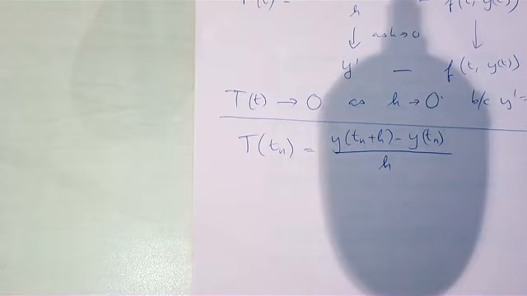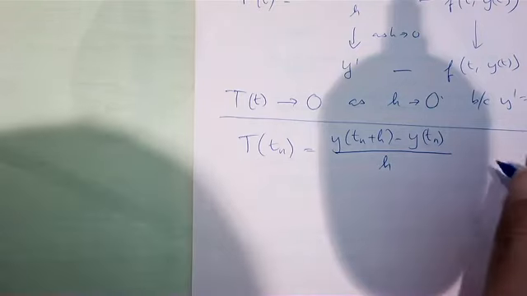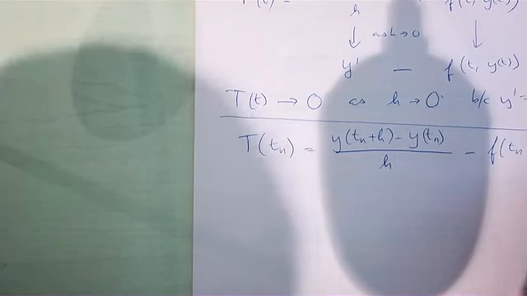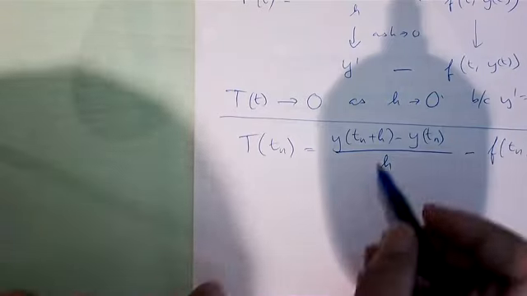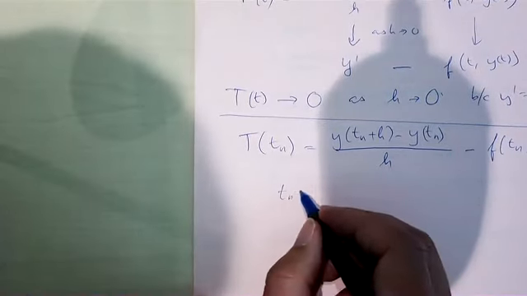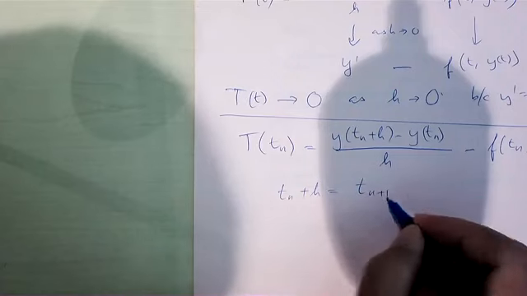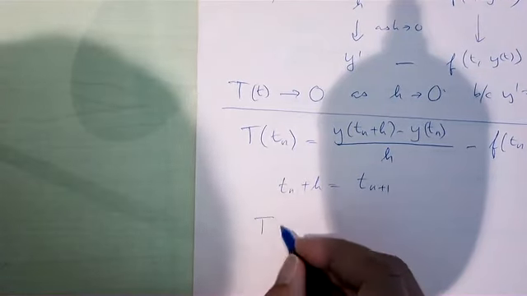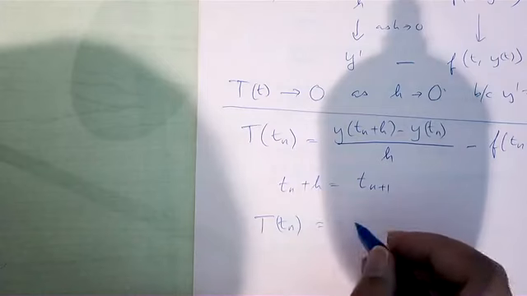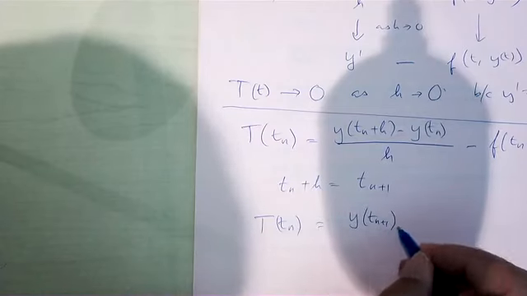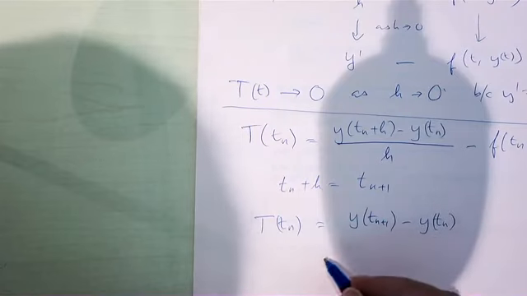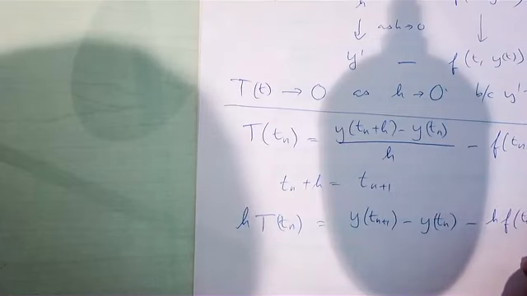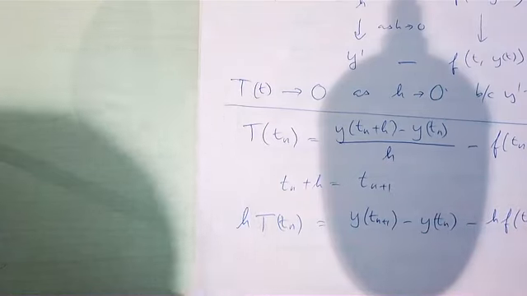Other points are not applicable. And since tn + h is just equal to tn+1, because we divided uniformly, you have y(tn+1) minus y(tn). Now I multiply by h, so I get h here, minus h f(tn, y(tn)).